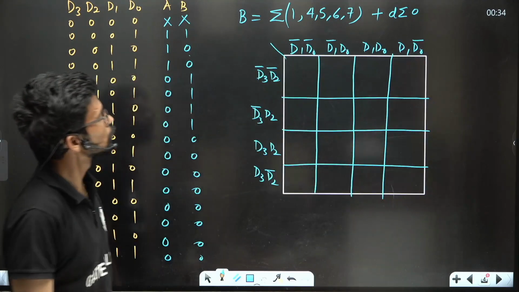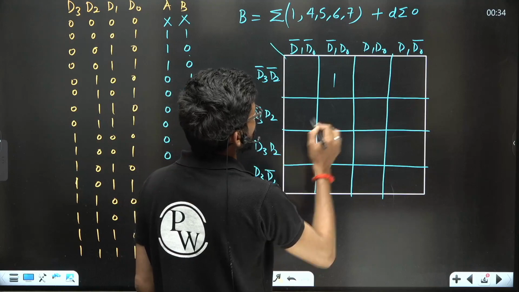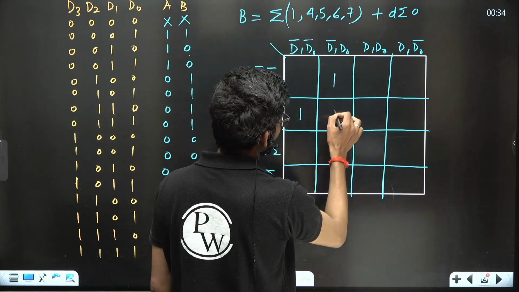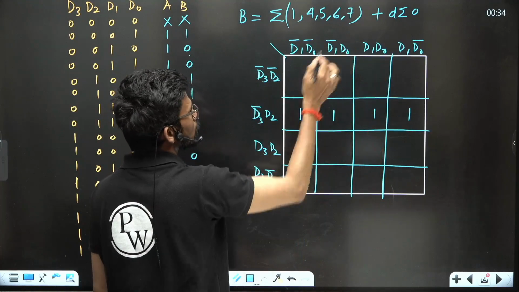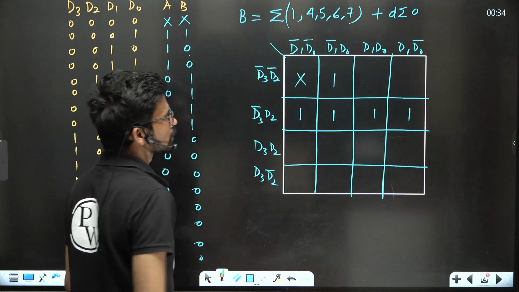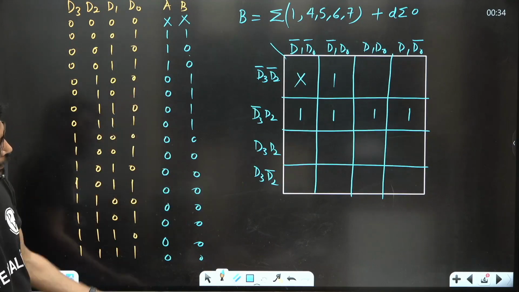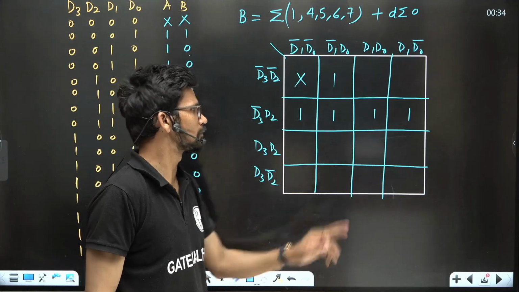Okay, so term 1, output is 1. 2 and 3 are missing. Term 4, term 5, term 6, term 7, and corresponding term 0 there is a don't care condition, and for other combinations output is 0 obviously. 8 to 15, 8 9 10 11 12 13 14 15 obviously.